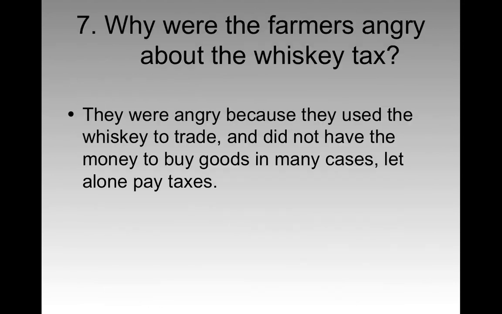So out west, the farmers were angry. They had a really high tax on whiskey made from grain, and they didn't necessarily have enough money to go forward with paying their taxes and being able to pay for things that they need, like food and supplies.